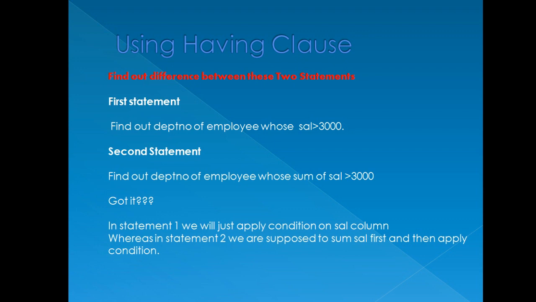The difference is pretty clear. In the first statement, I'm just asking salary greater than 3000, whereas in my second statement, I'm saying sum of salary is greater than 3000. Means in my second statement, first I have to sum salary and then the condition will be implemented. Whereas in my first statement, we are just implementing a condition. So there is no grouping in the first statement.